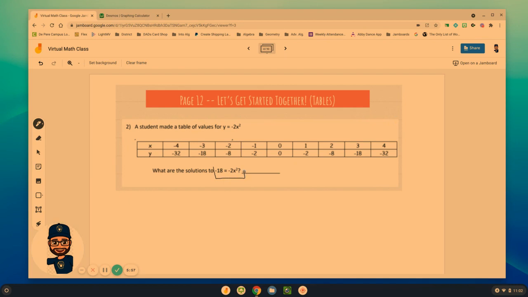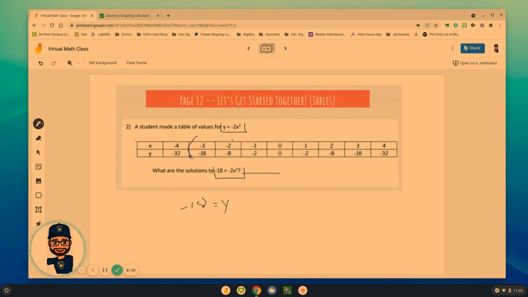So if you look at that top equation, -18 replaced the y. So they want to know when they plugged in a bunch of different x values, when did they get out -18?